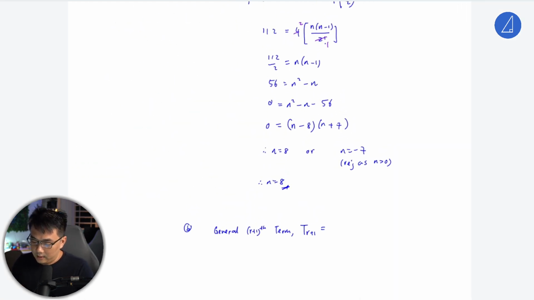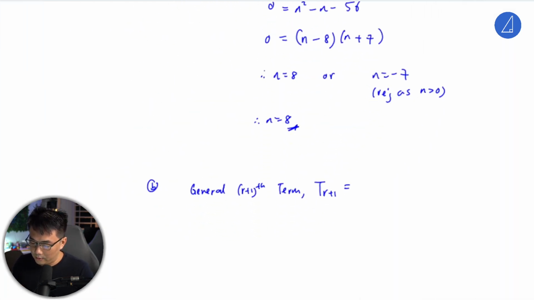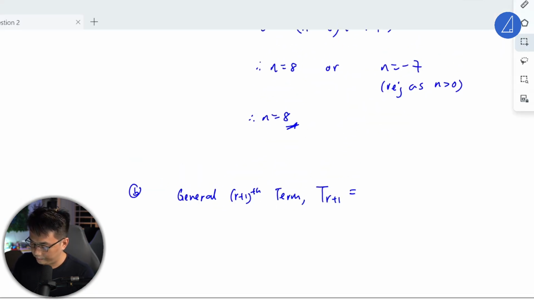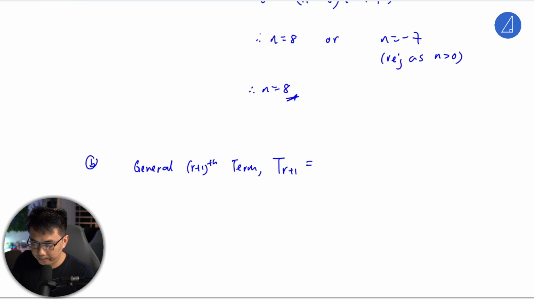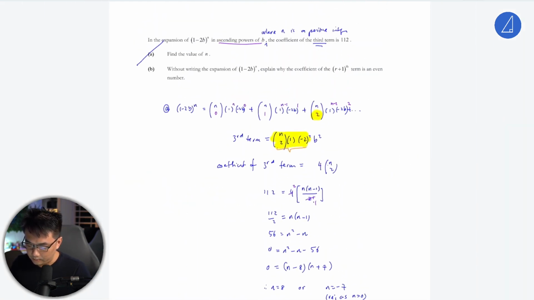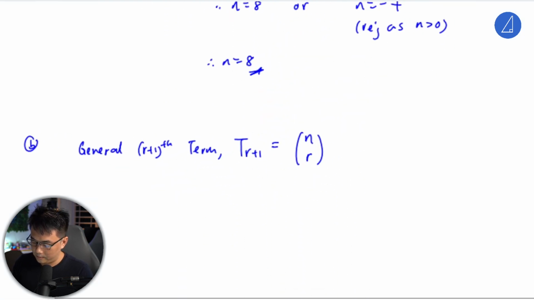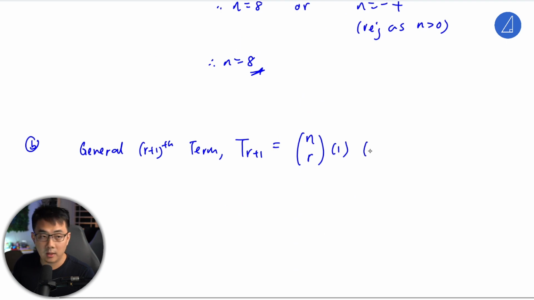This will give us n choose r, times 1 to the power of n minus r, times (minus 2b) to the power of r. So this could be simplified.